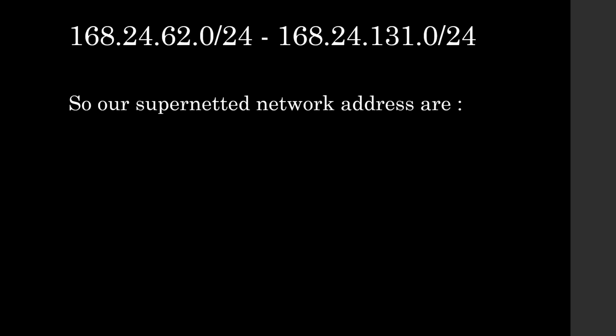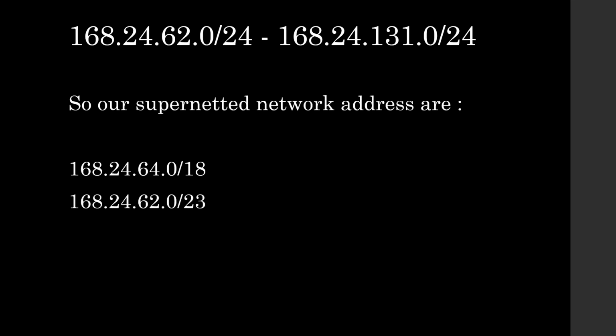So our supernetted network address is 168.24.64.0/18. But again, we have to repeat the process from 62 to 64, as well as from 127 to 131, which yields 168.24.62.0/23, as well as 168.24.128.0/22. So these three are our supernetted network addresses. That's all, and thank you.